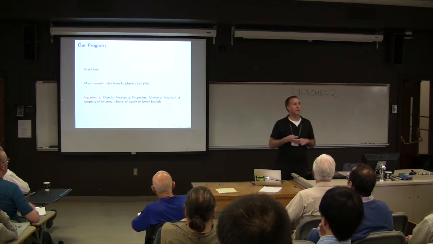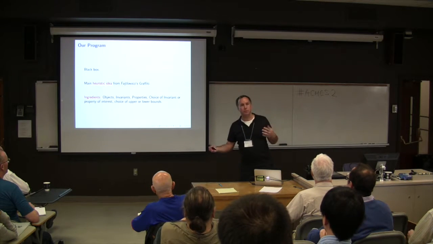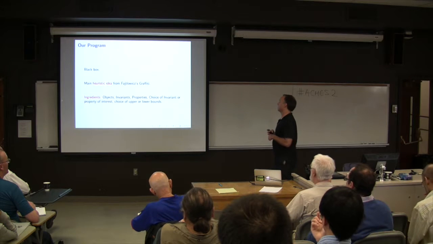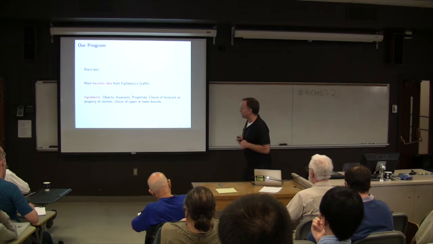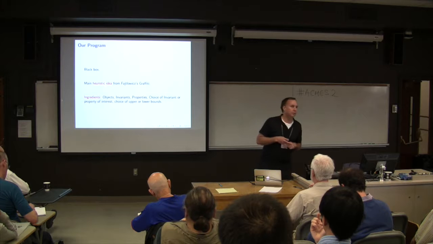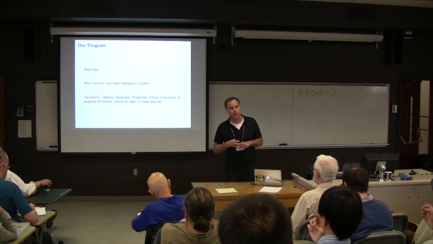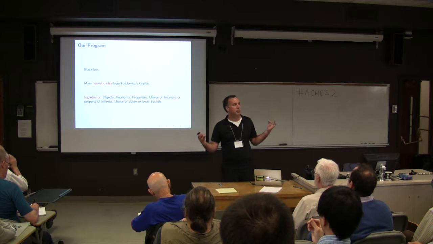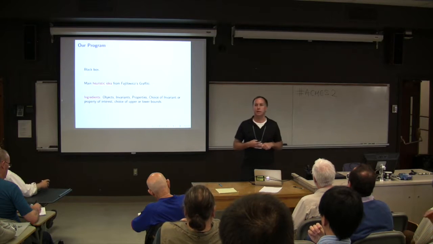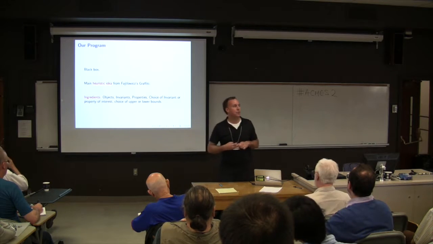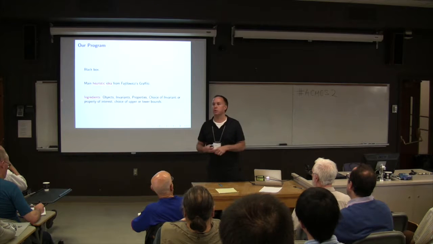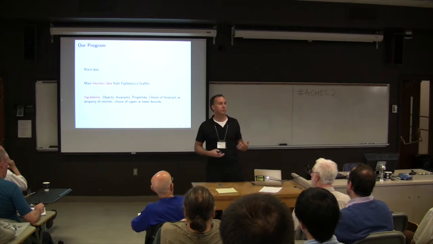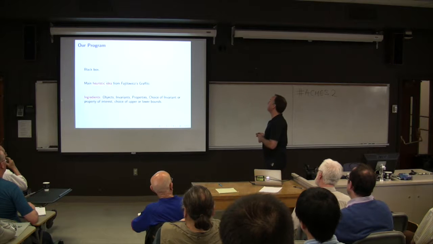By invariants here, I mean numbers, computable numbers associated with those objects, or properties of those objects. And then you'll choose one of those invariants, and you'll ask for conjectured upper or lower bounds for that invariant. Or if you're investigating a property, you'll ask for conjectured necessary or sufficient conditions for that property.